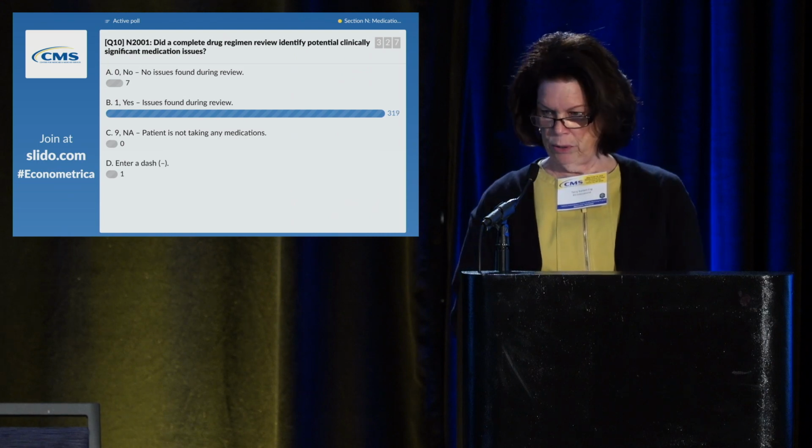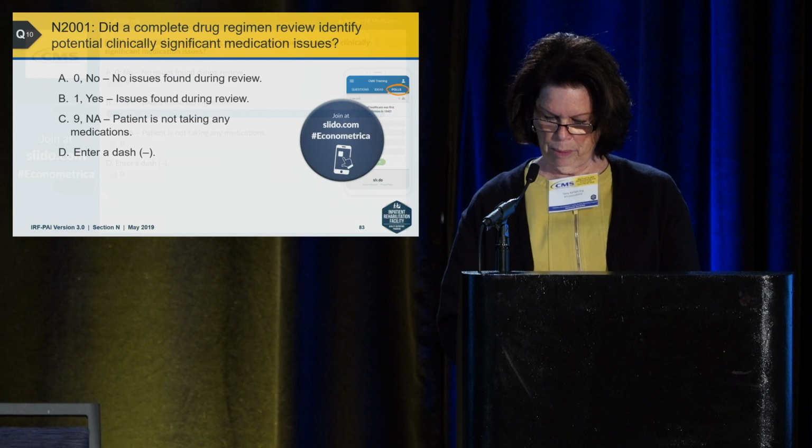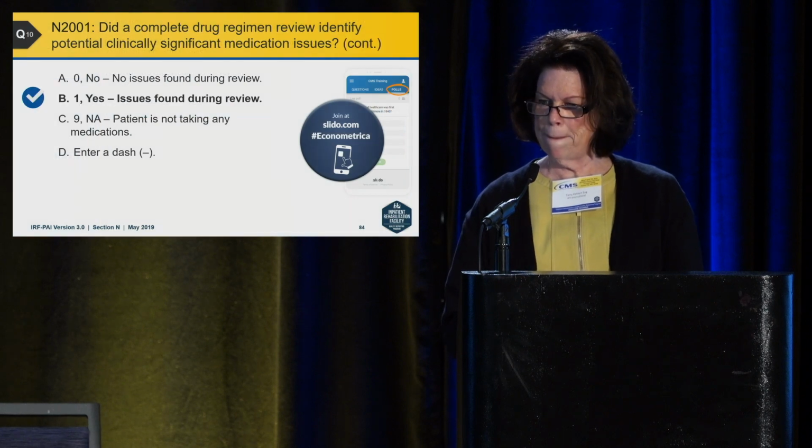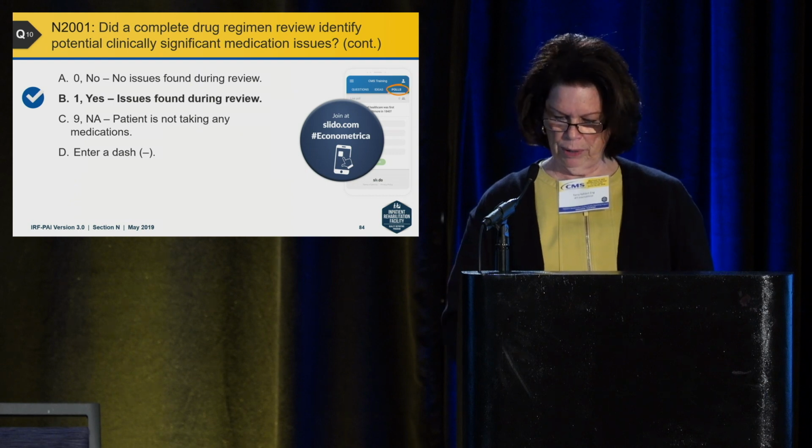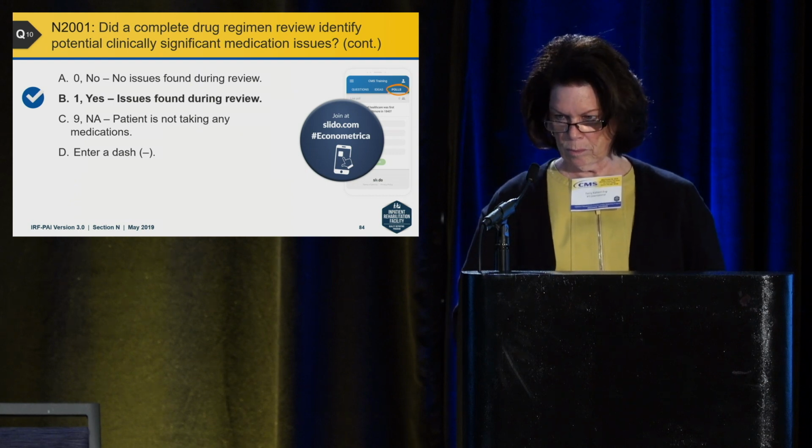And we'll move on to the correct response because it looks like people have had time to respond. And yes, B, 1, yes, issues found during the review is the correct response.